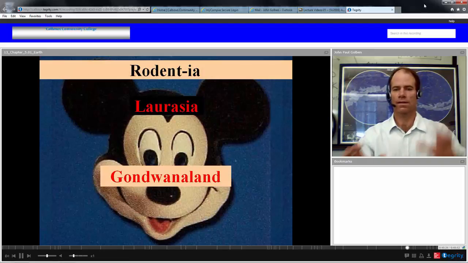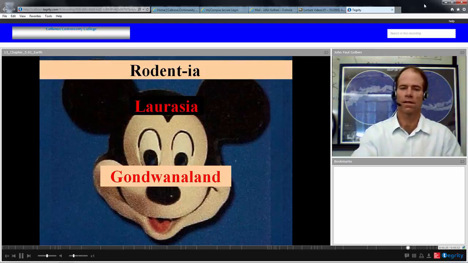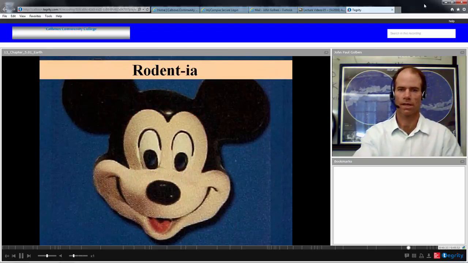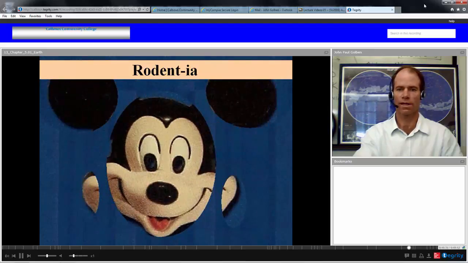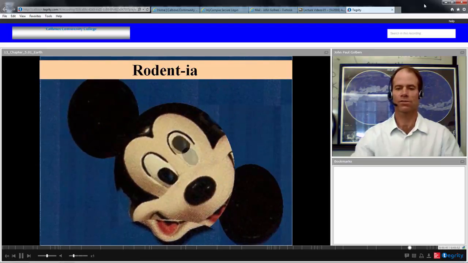And this supercontinent with these two subcontinents broke apart. And again, using my poetic license, I'm imagining what this might look like as these two start to reform into a new landmass.